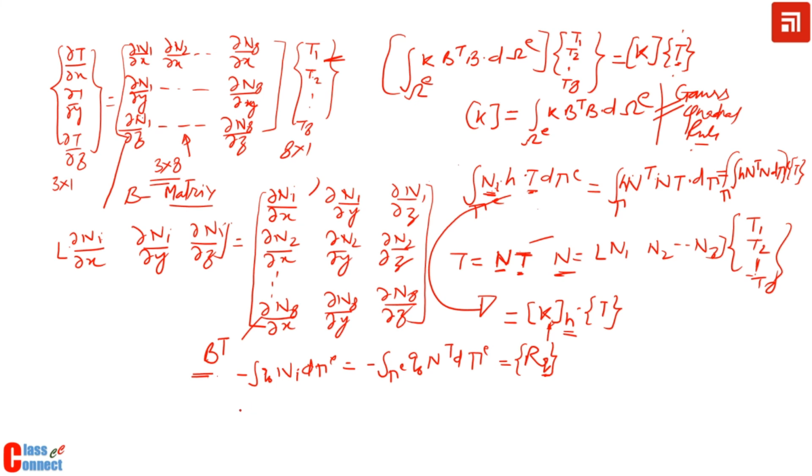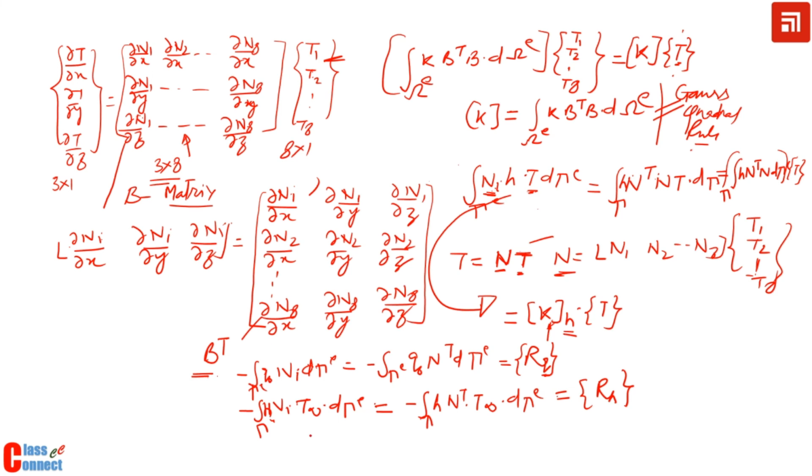And the next term is minus Ni, h I can take here, T infinity on the boundary. Here also it has to be on the boundary, specified or given as boundary conditions. This will be equal to minus, on the boundary, h N transpose T infinity dσ, and we will be calling it the right hand side vector due to the convective term.